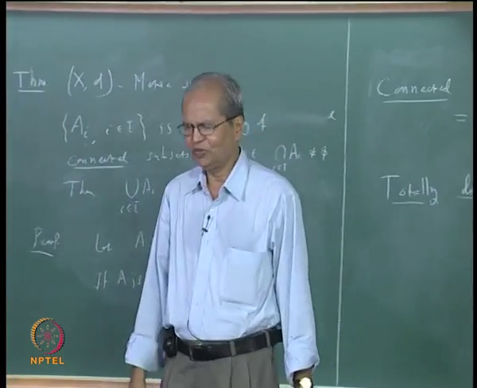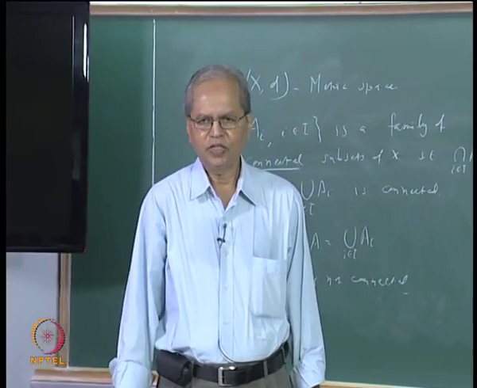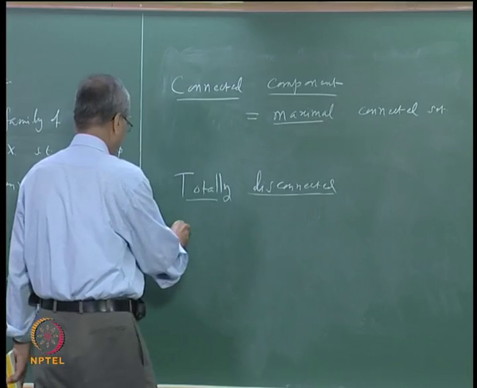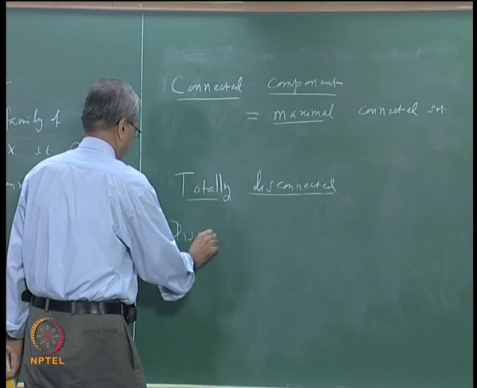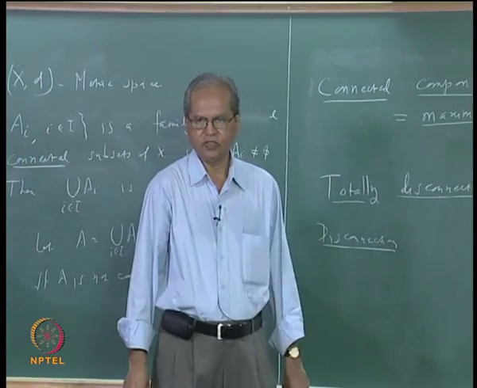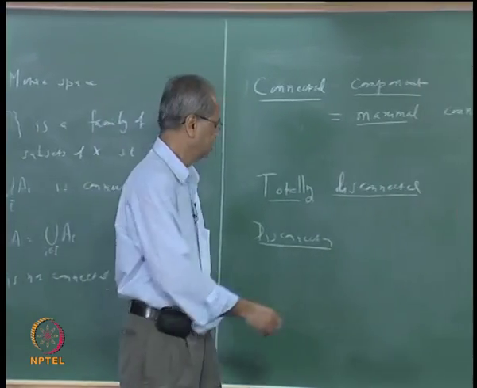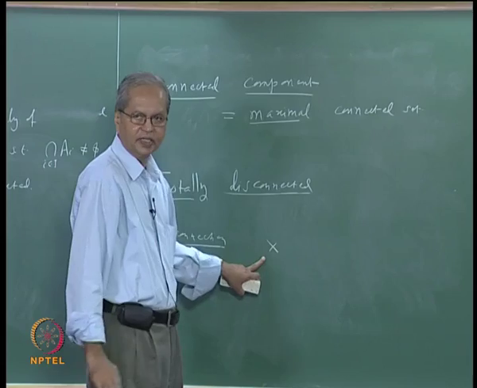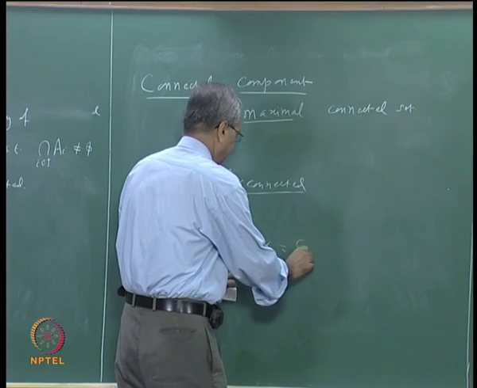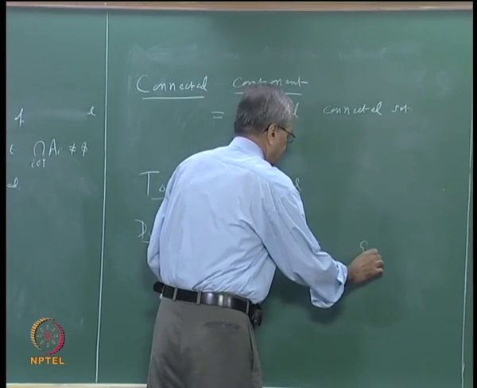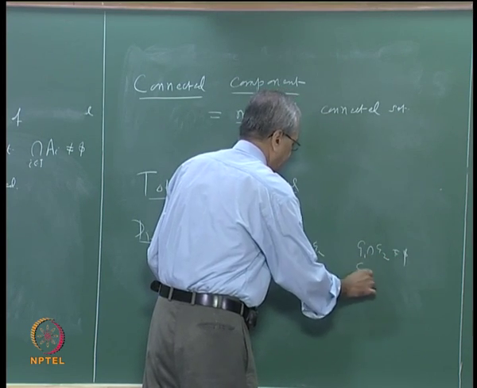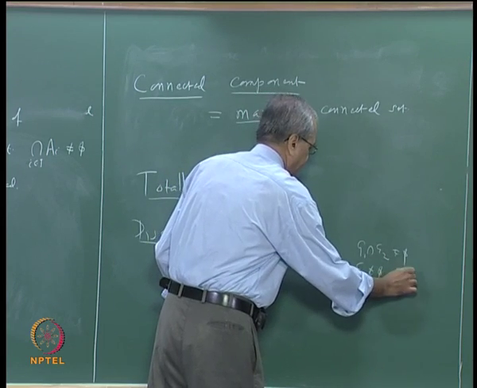Totally disconnected means given any 2 distinct points you can find what is called a disconnection. I have not defined this word disconnection, so let me say what is meant by disconnection. Suppose a metric space is itself not connected, then what should happen? This whole space is X, and if that is not connected, then it should be contained in 2 open sets G1 and G2, that is X is equal to G1 union G2, and G1 intersection G2 is empty, and G1 and G2 both are non-empty.